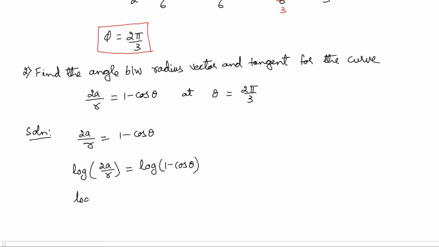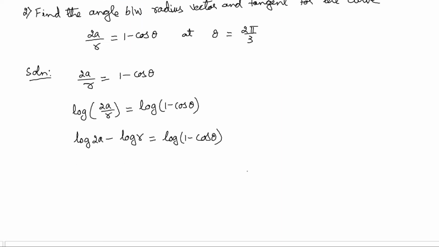So you can write log of 2a minus log of r is equal to log of 1 minus cos theta. So now we'll try to differentiate with respect to theta. So differentiate with respect to theta.